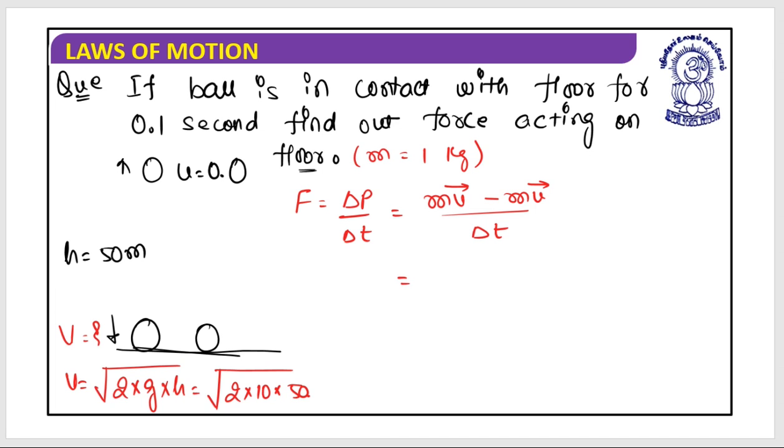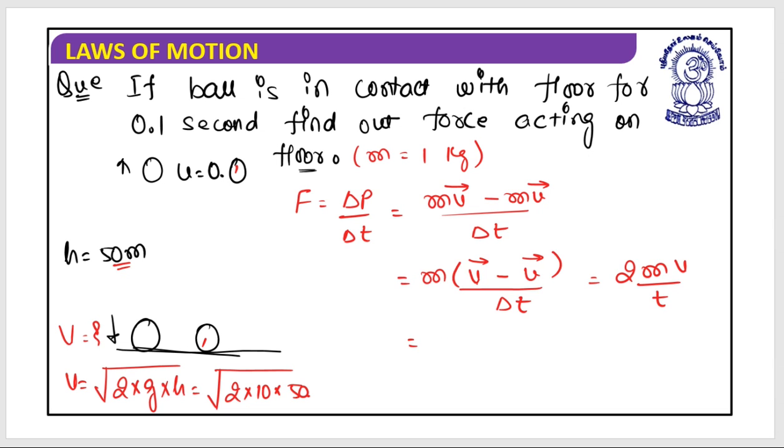So F equals m into (v minus u) divided by delta t. As they said that it is reaching or achieving the same height only, that means I am considering the 50-meter height. So v and u are the same in magnitude, and that could be written as 2mv divided by t.